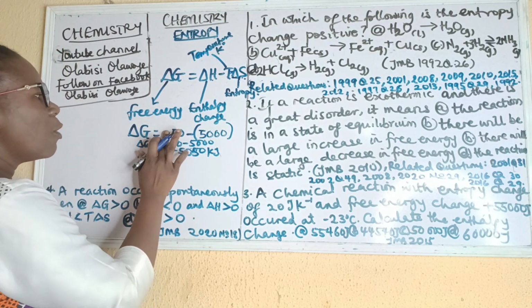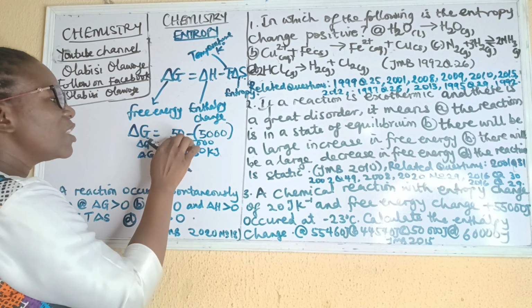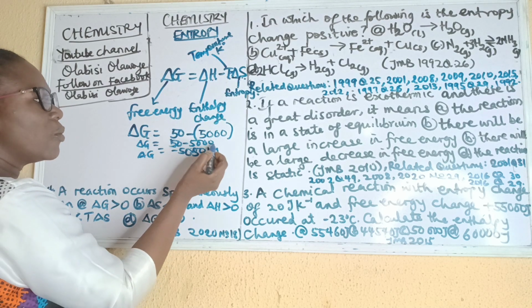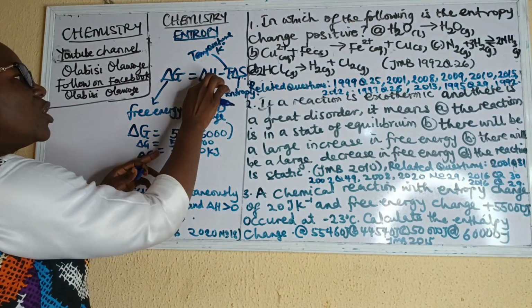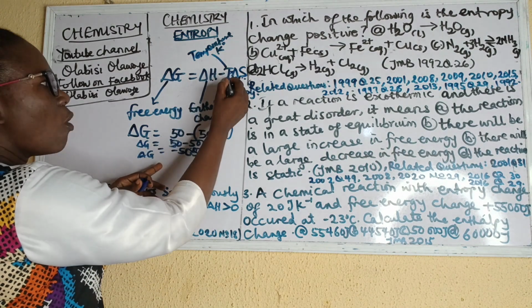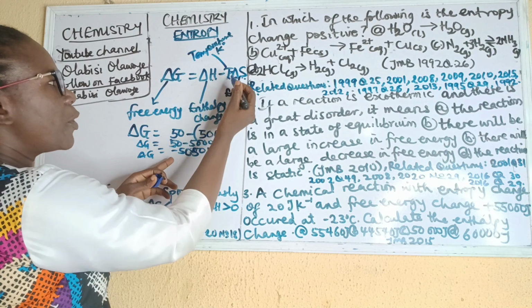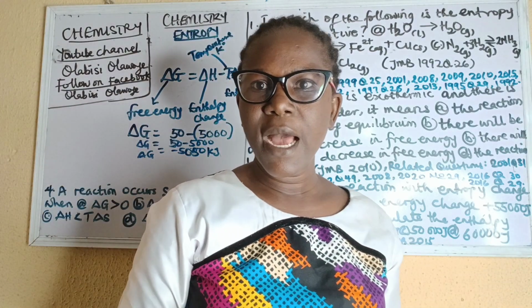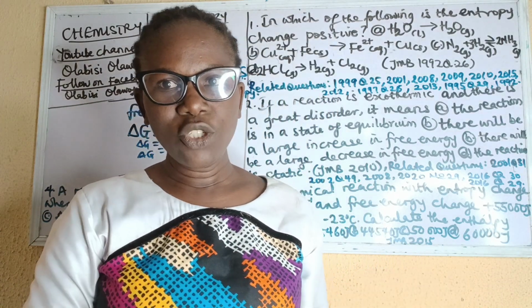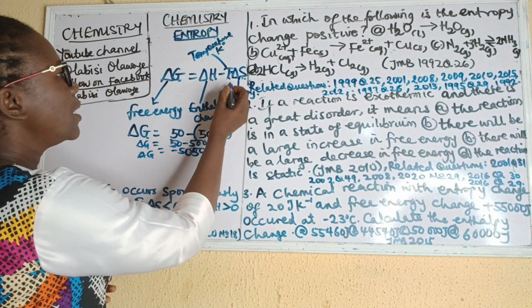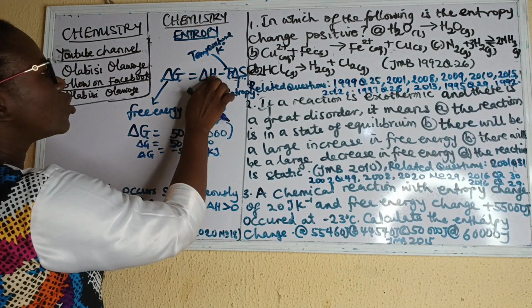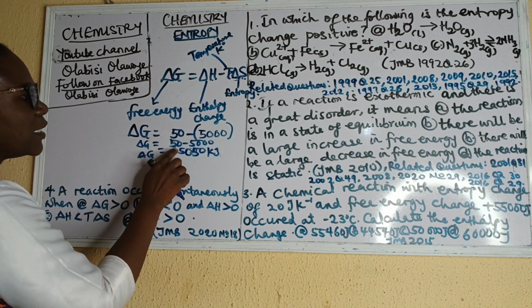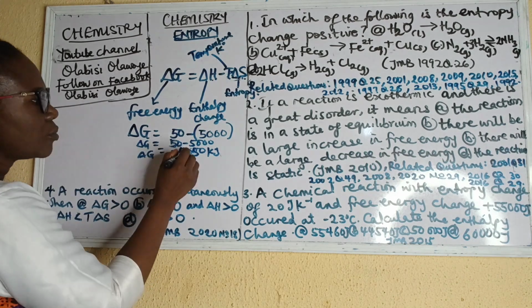And even if the enthalpy is not negative, if it is very low, that's ΔH here, like 50, minus 5,000. If enthalpy change is negative and the product of temperature and entropy is higher, or the temperature is higher, or the entropy is higher, by multiplying the two together and subtracting it from a lower enthalpy, we will definitely get a negative value.